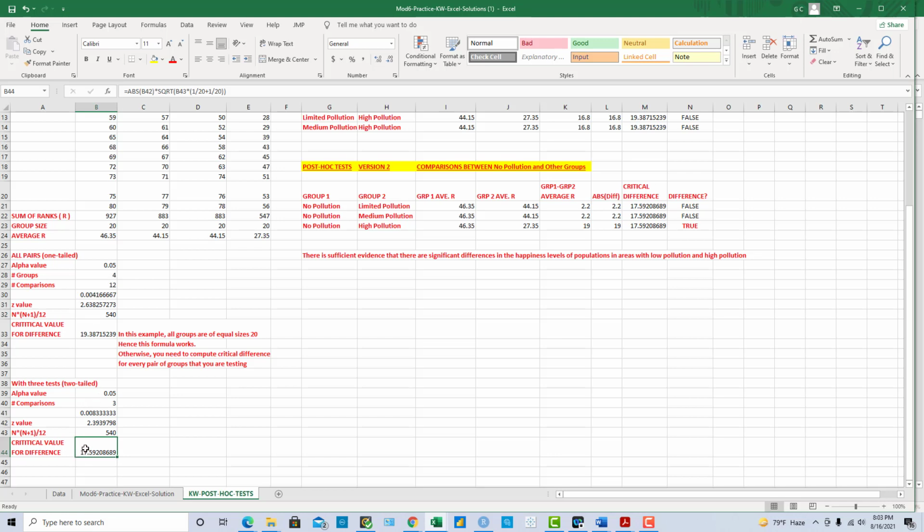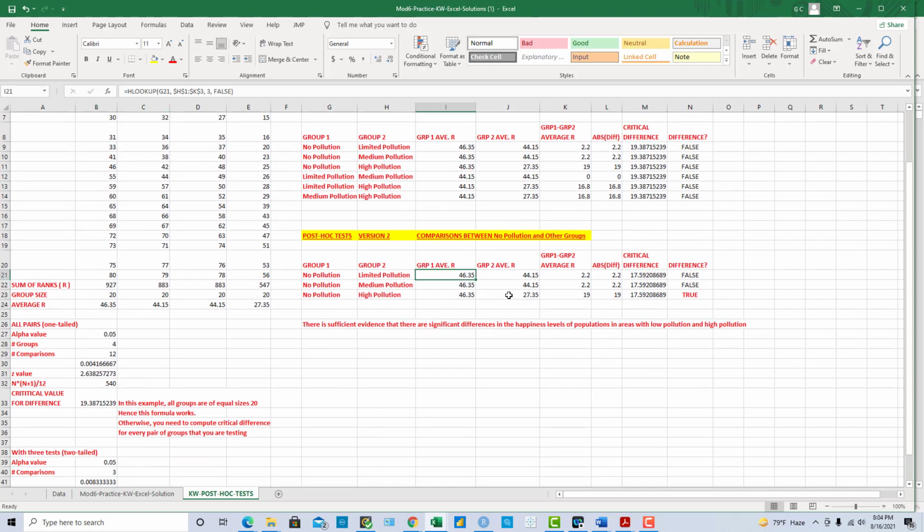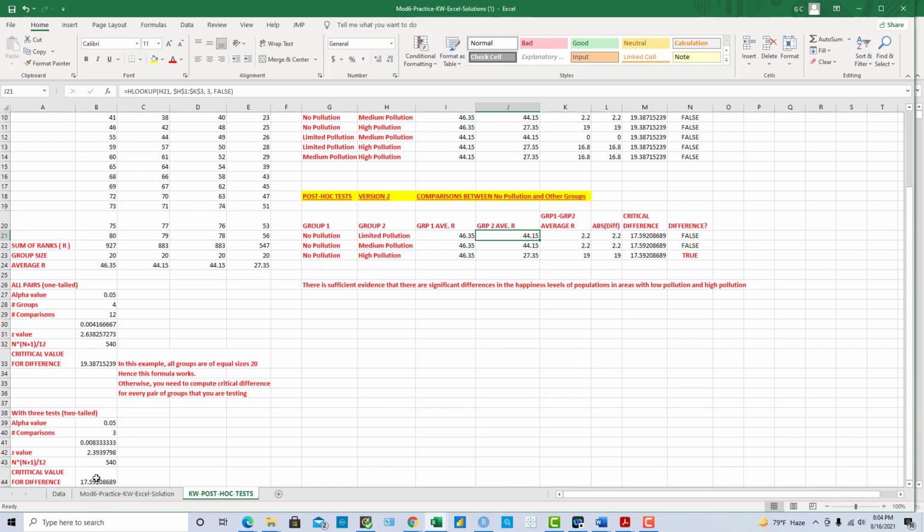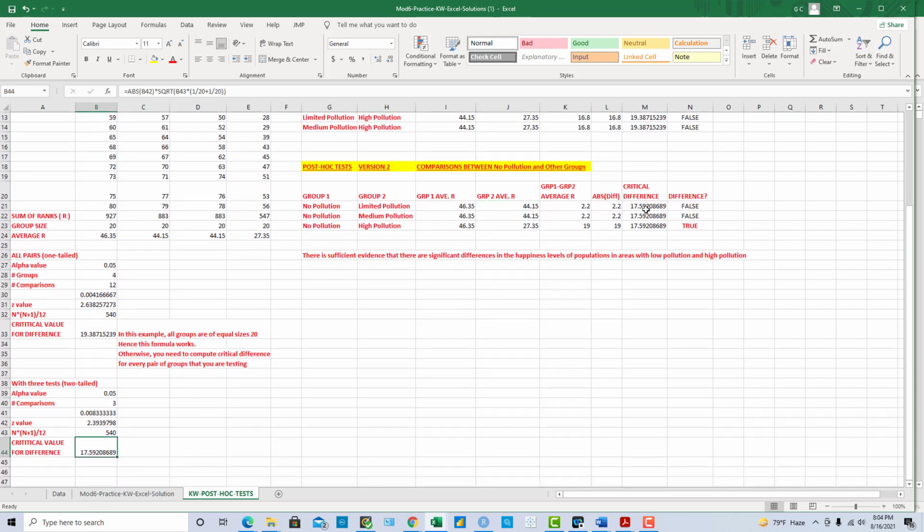So in B44, the critical value for difference turns out to be 17.59. So with these, the group 1 and group 2, with no pollution, limited pollution, we get these average R. We go through all these, and the difference we get here, and the absolute difference we get here, and the critical difference is what we get based on the value in B44.